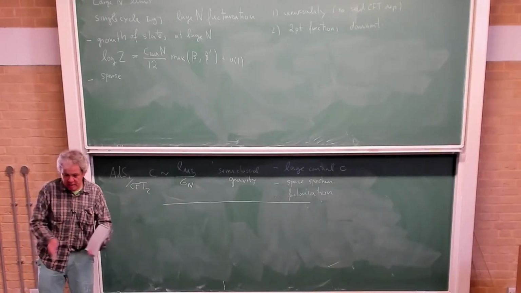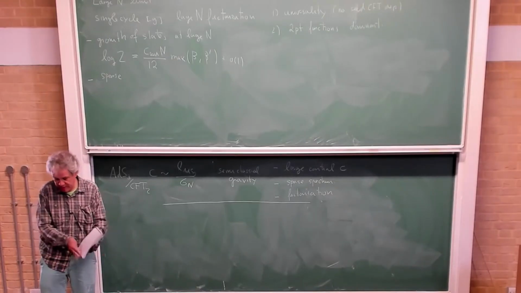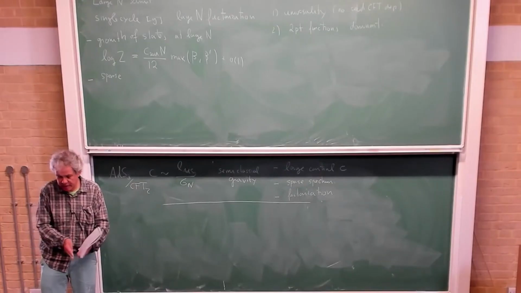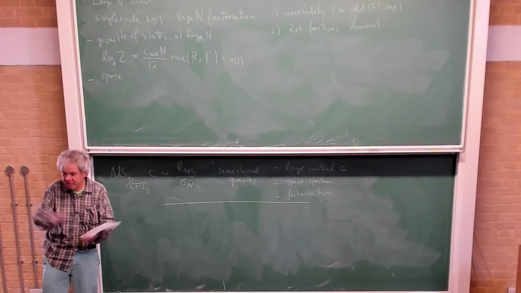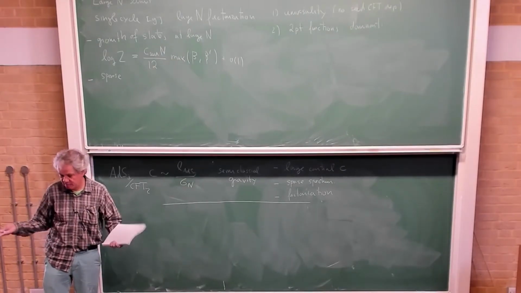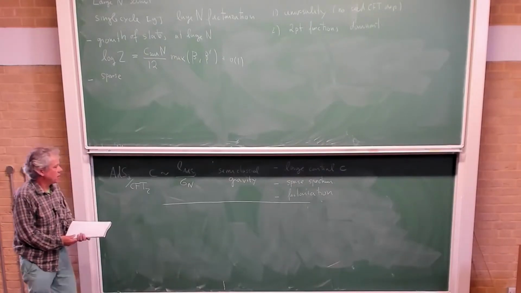If I look at the open strings, a low energy limit, I get for D3 branes N=4 super Yang-Mills theory. And in the geometry, I take a decoupling limit, going to the near horizon regime of the back-reacted gravitational theory, and that gives me in this case AdS5 x S5. That's the canonical example.